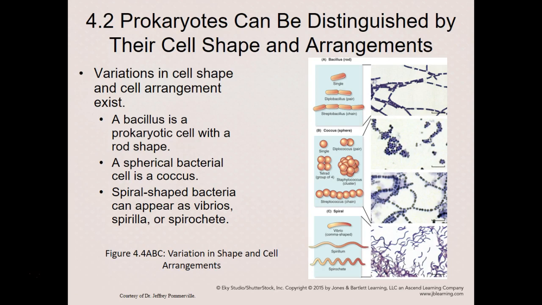The most common shapes for bacteria are bacillus-shaped or rod-shaped and spherical-shaped or coccus-shaped. Please note that when you say the word bacillus-shaped, that's not talking about the organism. Some organisms are named for their shape. So Bacillus cereus, which we have in our lab, is named for its bacillus shape.